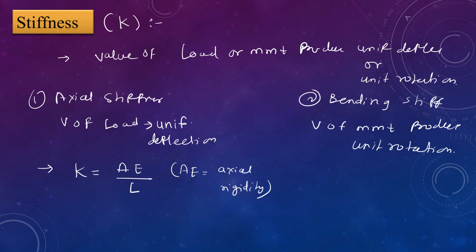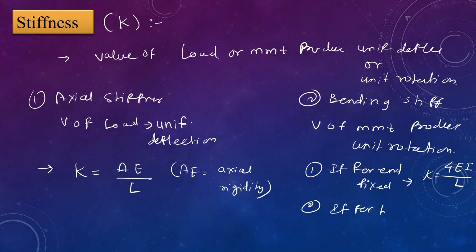Then for bending stiffness there are three conditions. First, if the far end is fixed, then K is equal to 4EI by L. If the far end is hinge or roller, then K is equal to 3EI by L. Third, if the far end is free, then K is equal to 0.